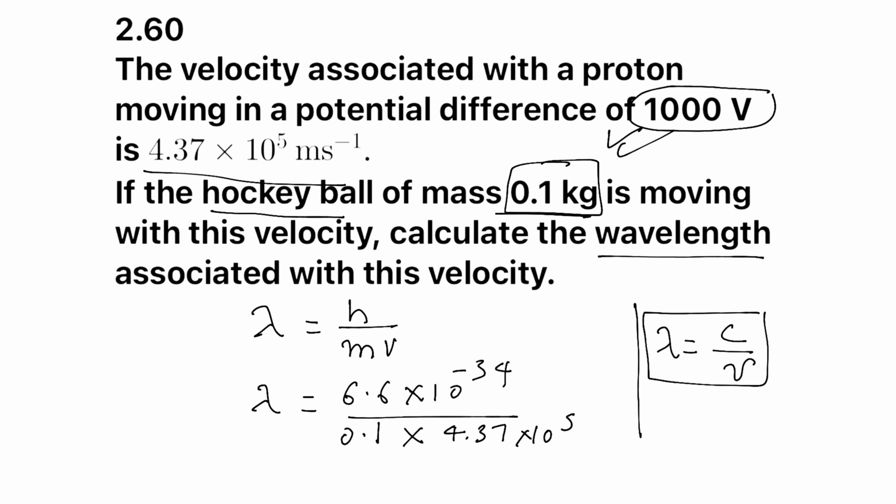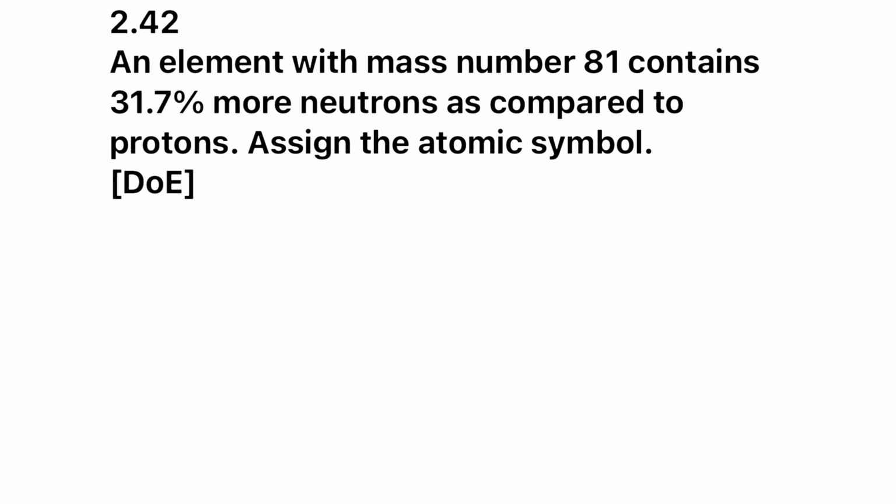That is not needed here. So 6.6 into 10 raised to minus 34 by 0.1 into 4.37 into 10 raised to 5. So on calculating, you will get 1.5 into 10 raised to minus 28 meter. Clear, right?